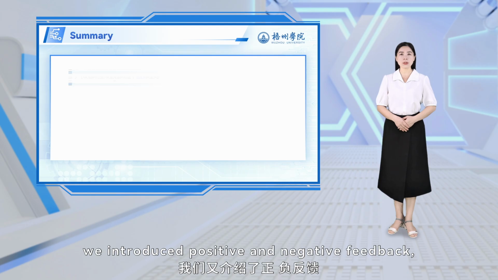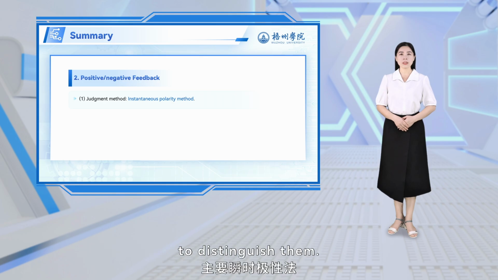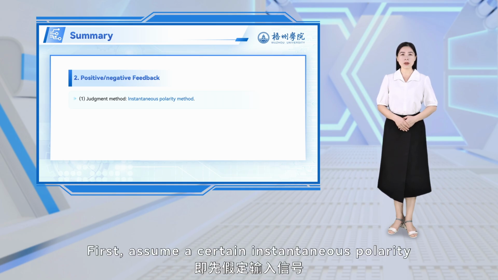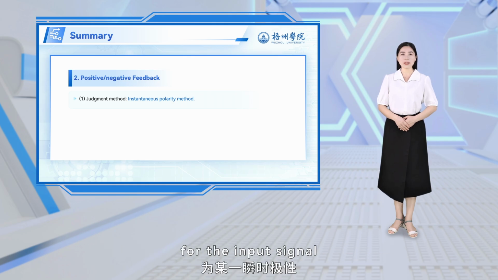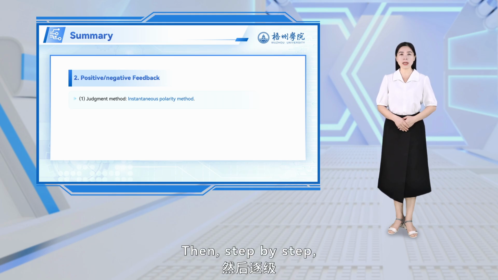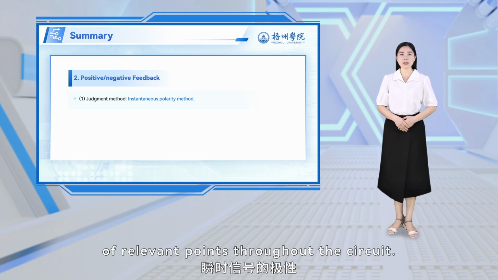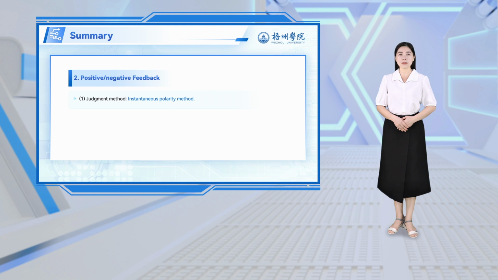Then, we introduced positive and negative feedback, mainly using the instantaneous polarity method to distinguish them. First, assume a certain instantaneous polarity for the input signal and represent it using plus or minus signs. Then, step by step, determine the instantaneous polarities of relevant points throughout the circuit.